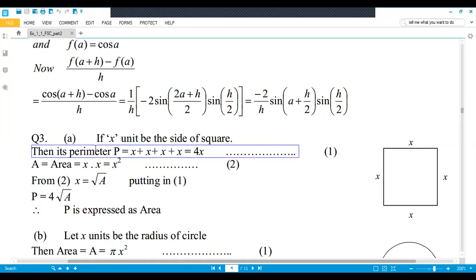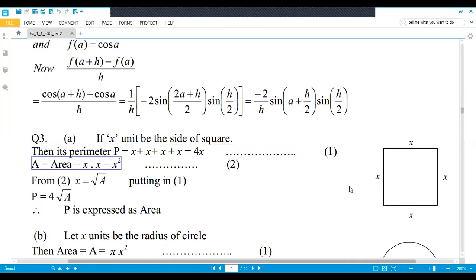The perimeter P of a square is a function of its area. This concept I already discussed at the start of the lecture, how we find the dependent function and independent function. In the first part, we are going to prove the perimeter P of a square is a function of its area.